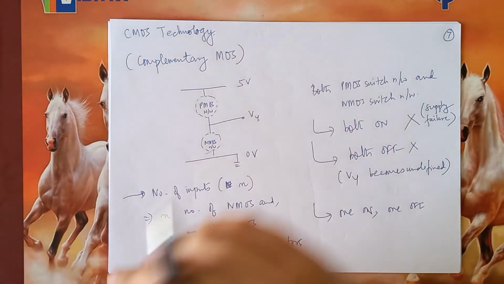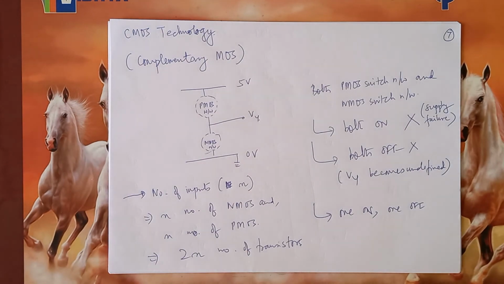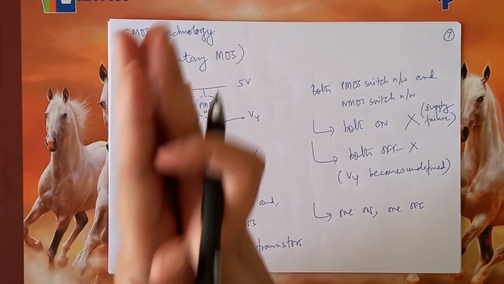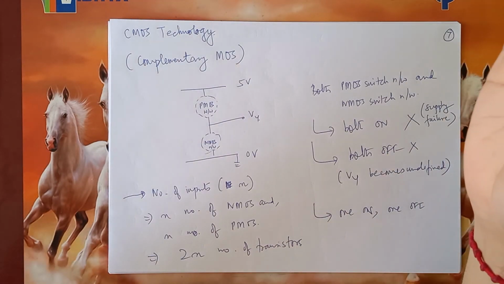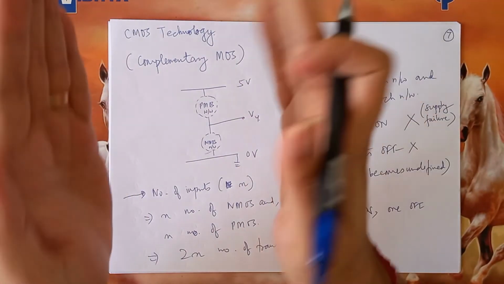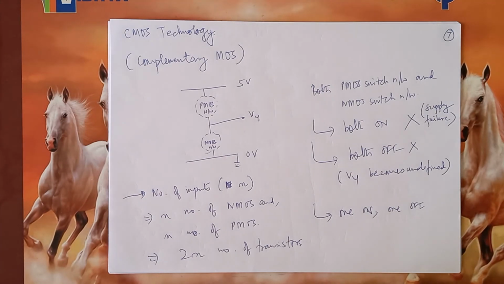Now, the good thing about MOSFETs, when you compare them to bipolar junction transistors, is that when you keep reducing the size of the MOSFET more and more, its properties don't change so easily.